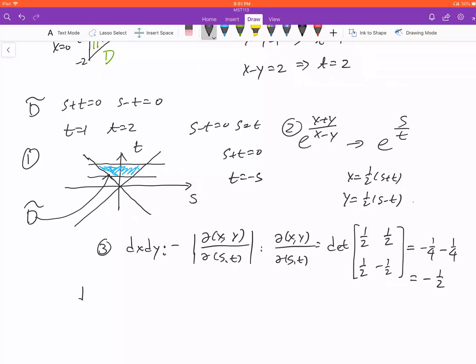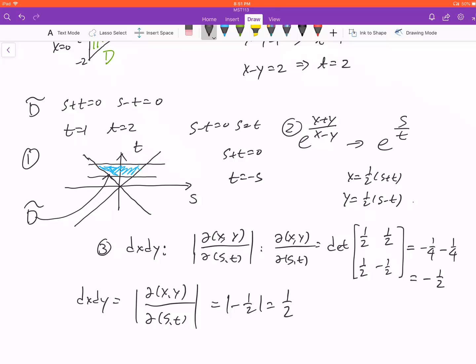So we now have dx dy is equal to, I need to erase this one because it's not really equal. This over here doesn't work. Now we have this negative 1/2. We have this Jacobian over here, we have just calculated. Okay, and that's going to be negative 1/2. So it's going to be 1/2.